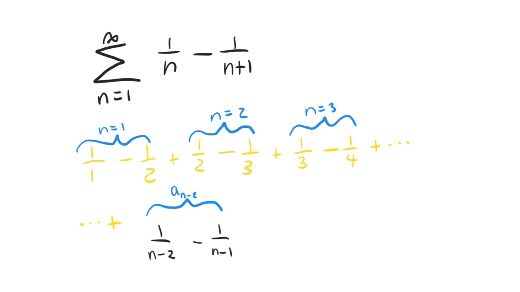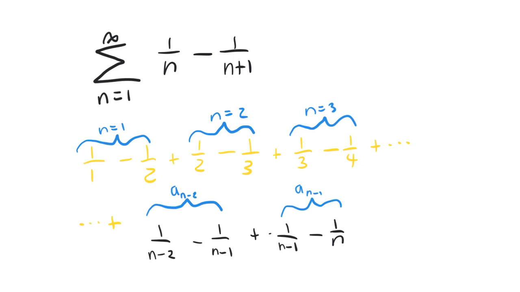Then if we were to add the next one, a sub n minus 1, that would be 1 over n minus 1 minus 1 over n.